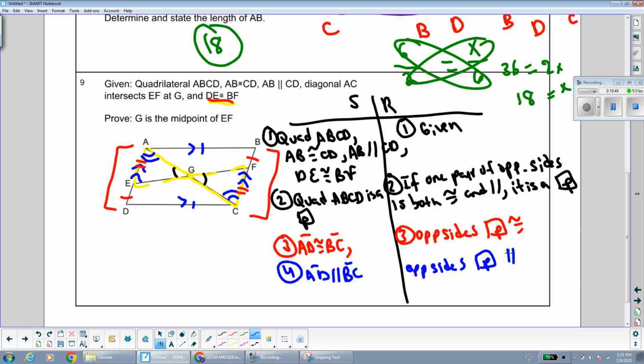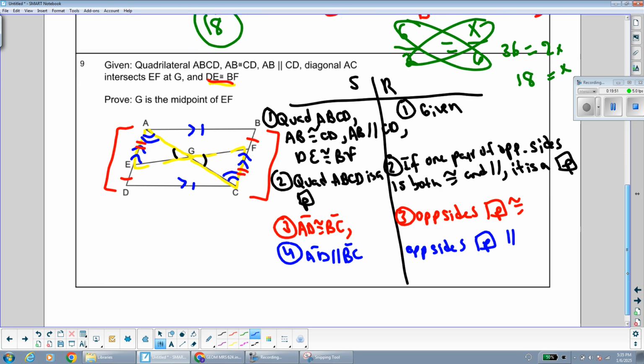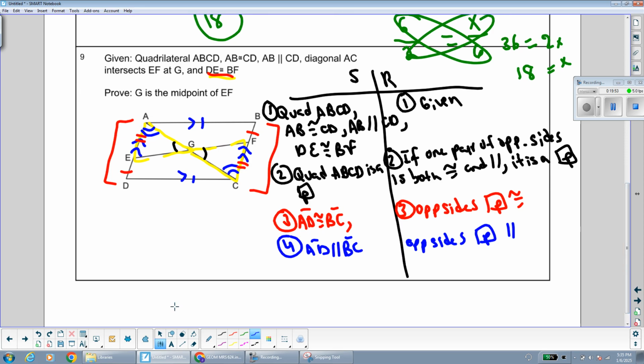So I'm going to do the subtraction first with the sides, and then I'll do the alternate interior angles. So let's start with the subtraction. We're going to take AD. If we subtract off DE, then we are left with AE, which is what we need as part of this triangle. And on the other side, we're starting with BC.